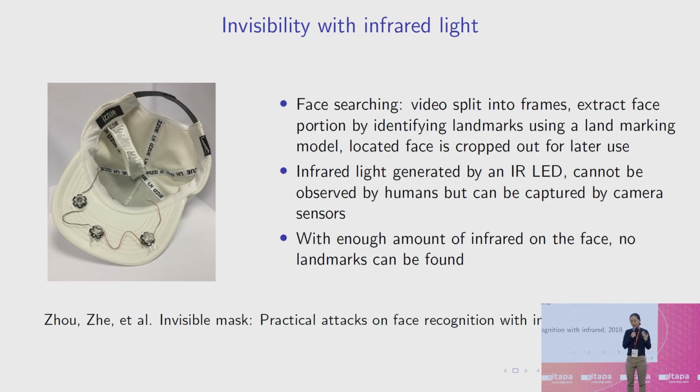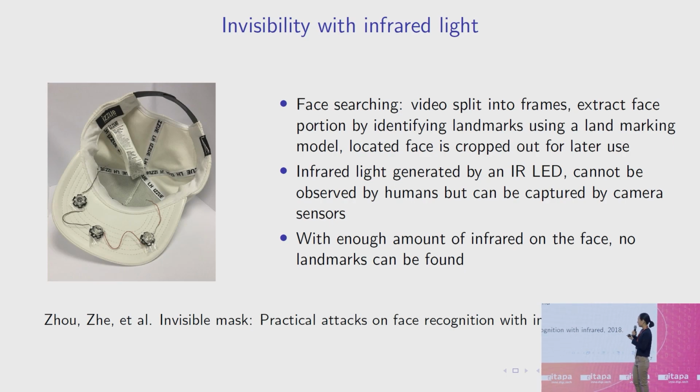The videos are split into frames, and the face portion is identified in those frames using a landmarking model. This landmarking model is the neural network that the paper attacks. Once the face is identified, it is cropped out for later usage.